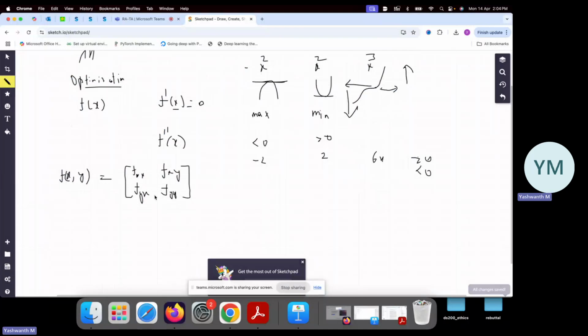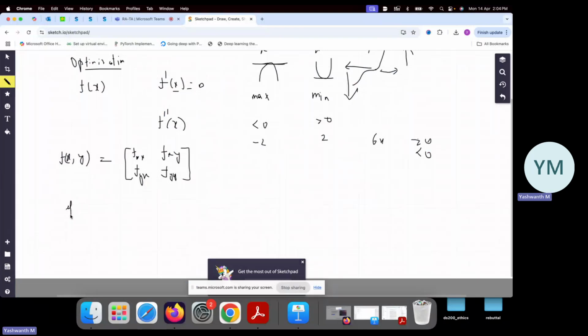So here we check the determinant and the eigenvalues. If one is positive and one is negative, we have a saddle. So let's solve some questions.